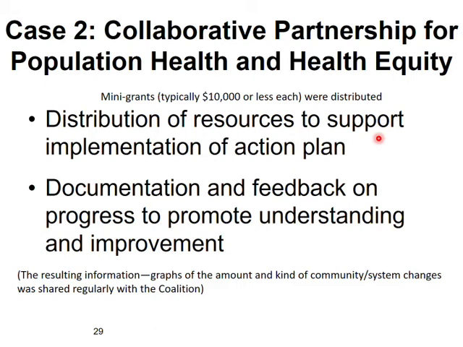And most importantly, they documented and got feedback so that they can continually improve. In this example, they came up with graphs and tables, certain information that they could then share with the coalition and with anyone who could benefit from their efforts.